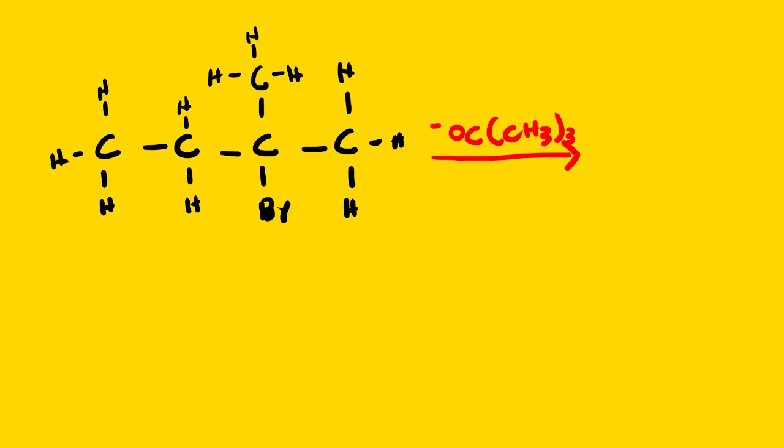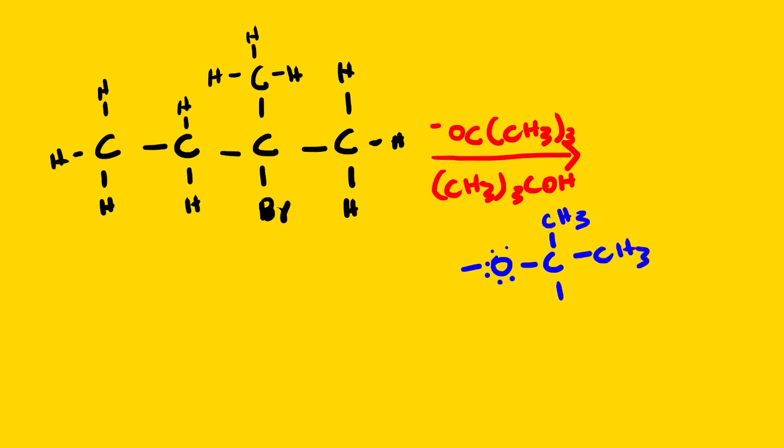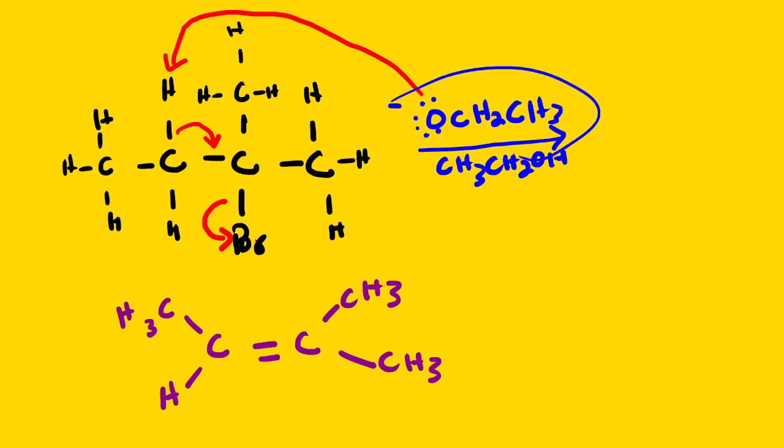Remember that when we have something like this, it simply means our base is like this, the tert-butoxide. So you can see this is a big base compared to the one that we had here.